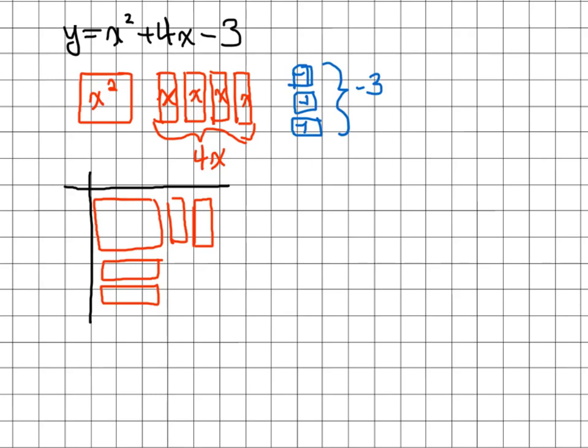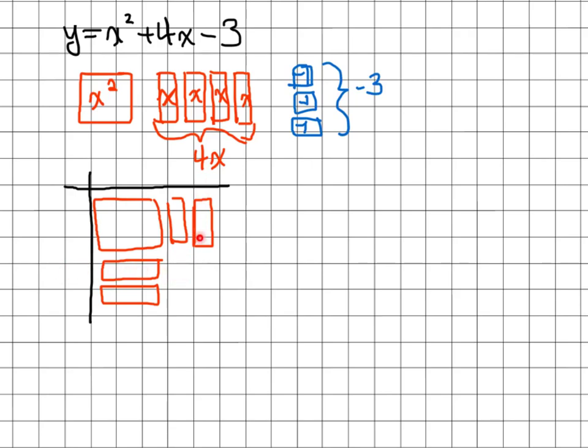Using that same principle as we did with the chart, we know that we are multiplying rows and columns together. So this times this will give us what's in here.